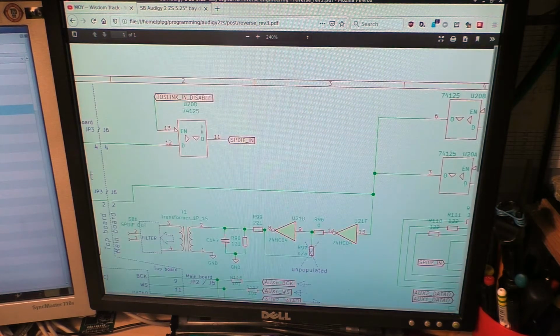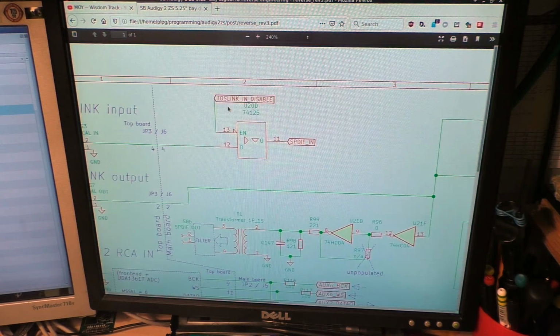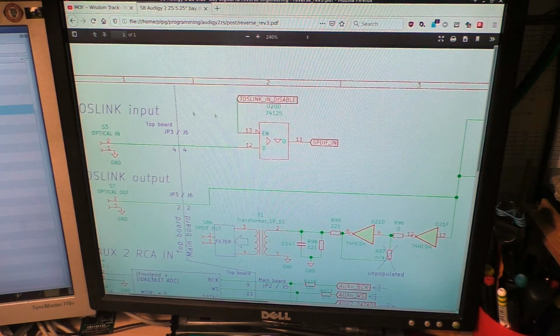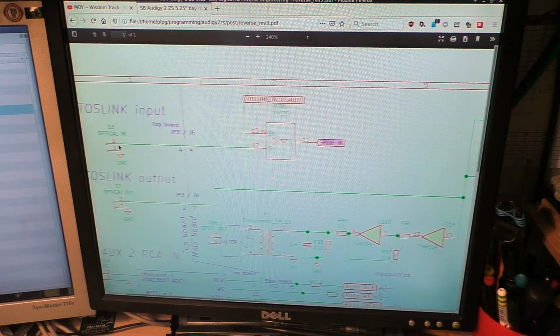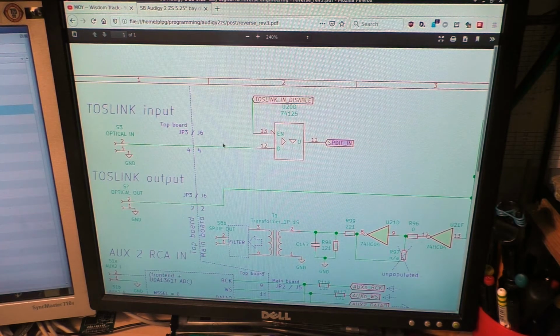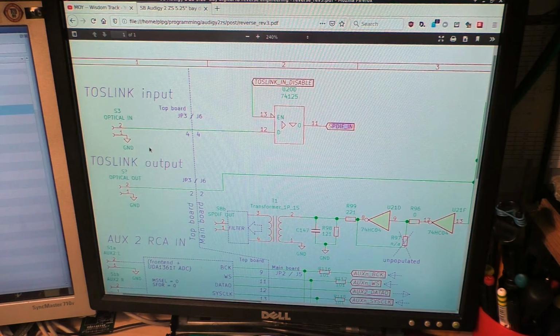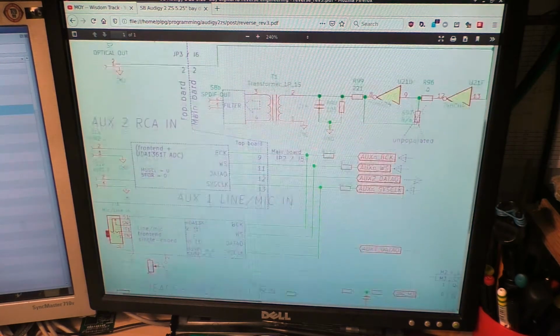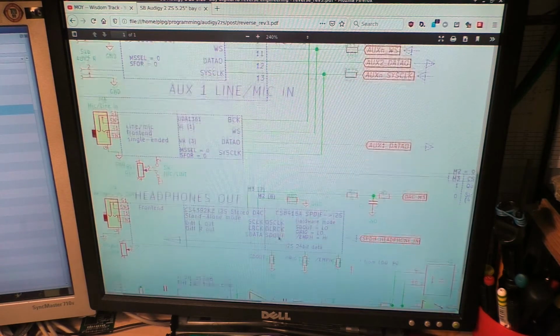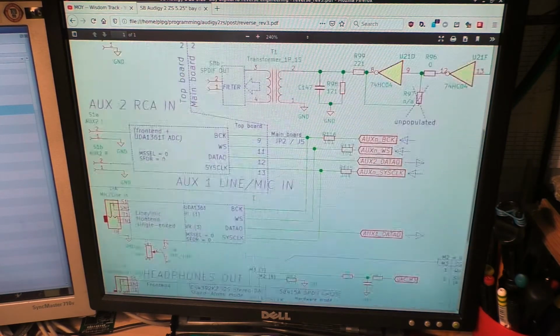And as I said, the TOSLINK in disable signal goes down, so this buffer is enabled and the signal is switched so that the SPDIF in is connected to the TOSLINK input. So this is how they share both TOSLINK and SPDIF signals on one SPDIF stream. The way this is set up means that if you have a TOSLINK signal and a SPDIF signal at the same time, the SPDIF signal generally takes precedence and disables the TOSLINK signal input.